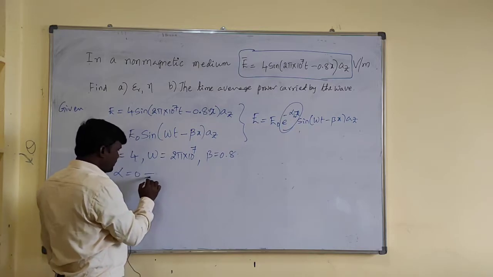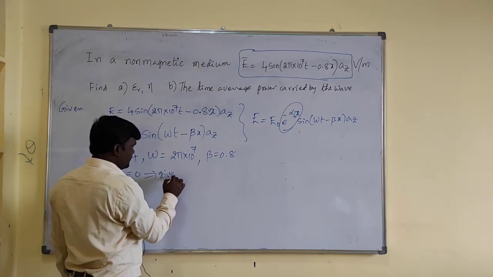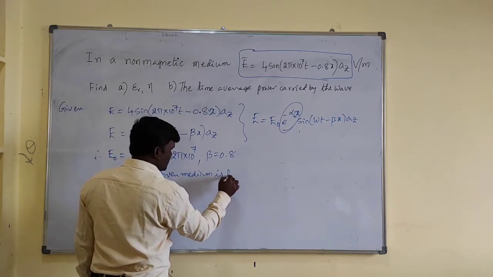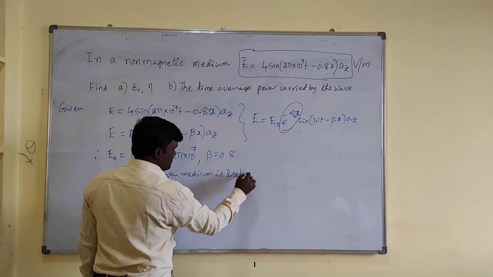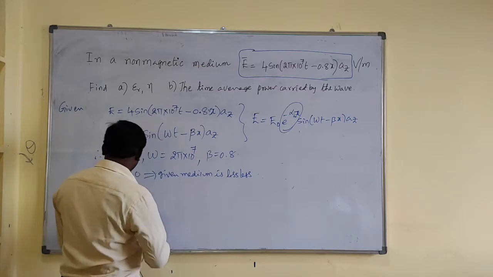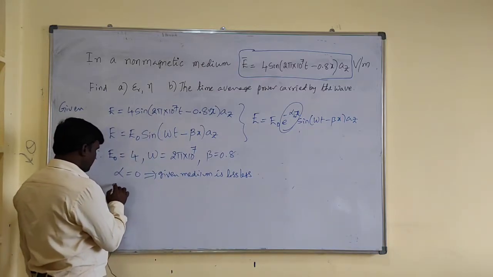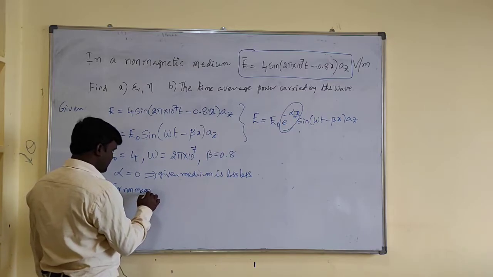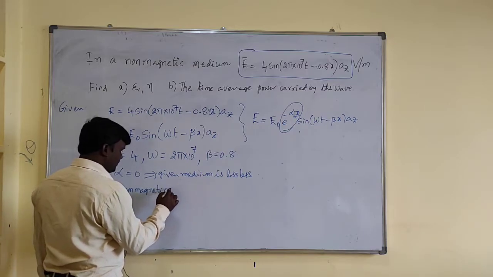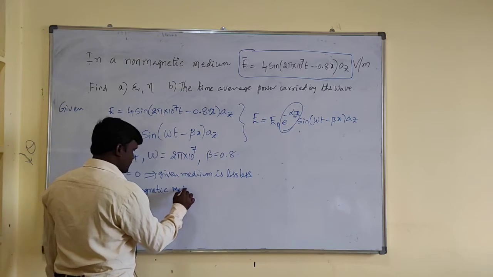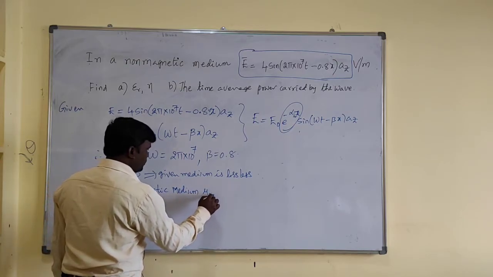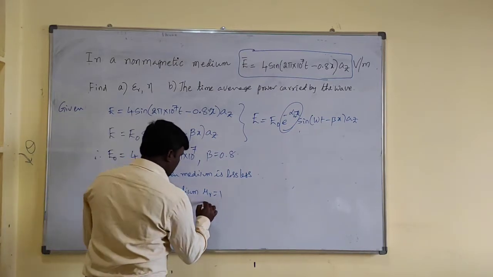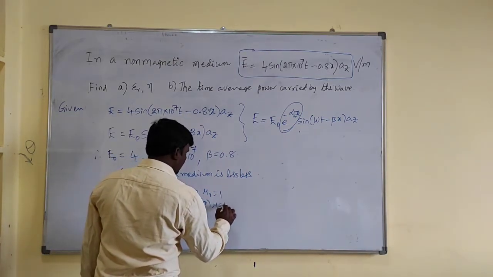As alpha is 0, the given medium is a lossless medium. And for a non-magnetic medium, mu r equal to 1, or mu equal to mu naught only.